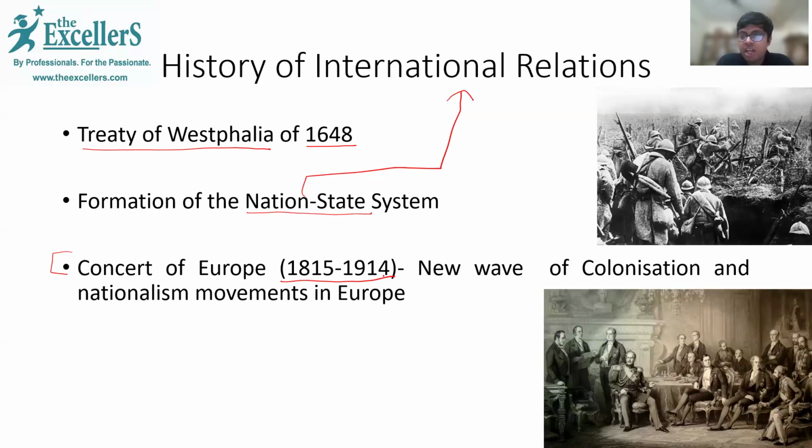There were movements of nationalism rising within different countries like Germany, Italy, and also France. You can see democracy coming and going, dictatorships emerging. So a lot of churning was happening, and its domestic effect was implemented on the rest of the world in the form of colonialism.